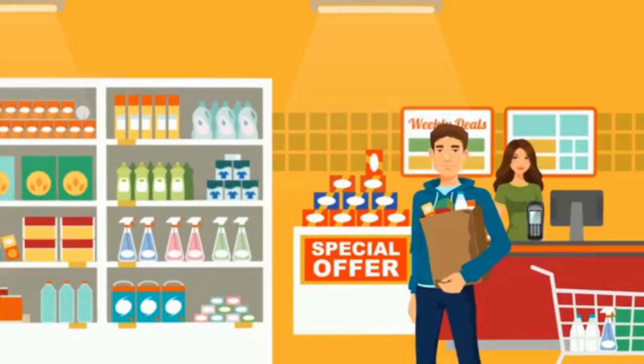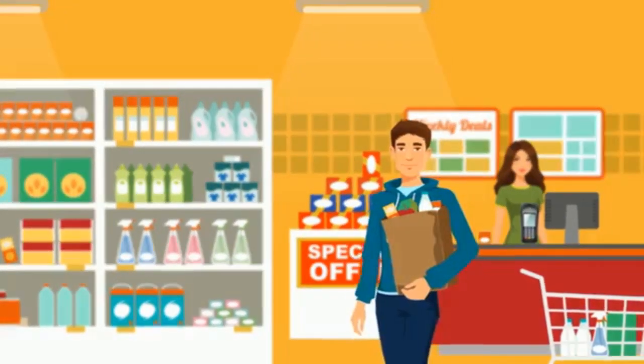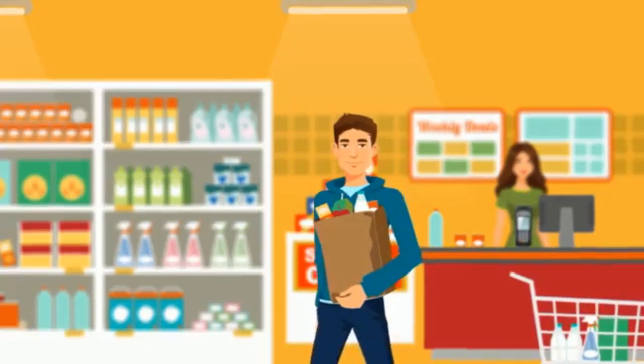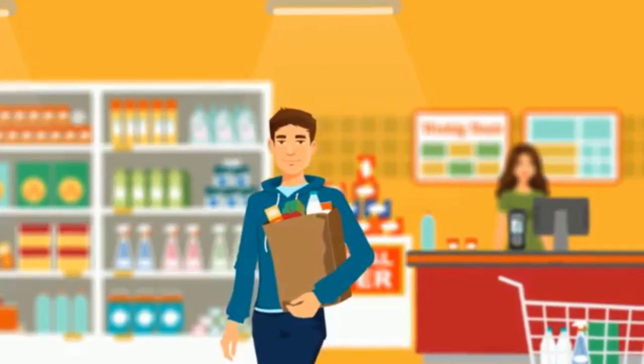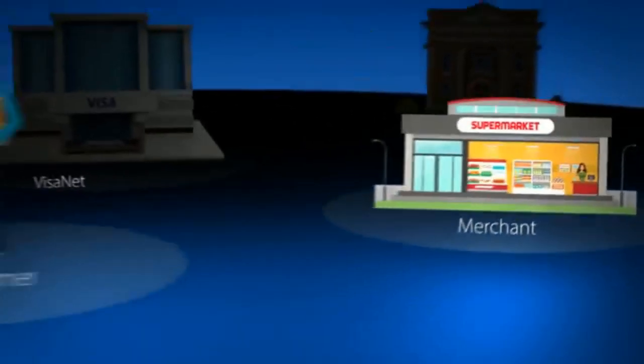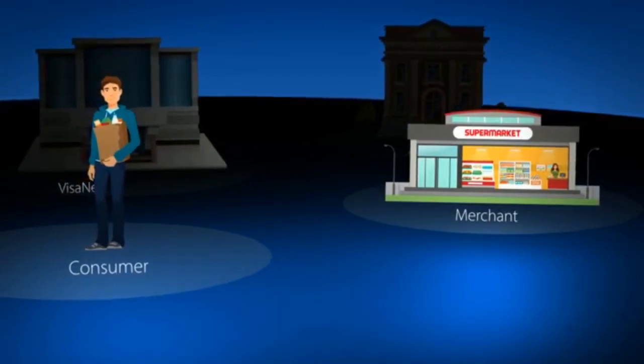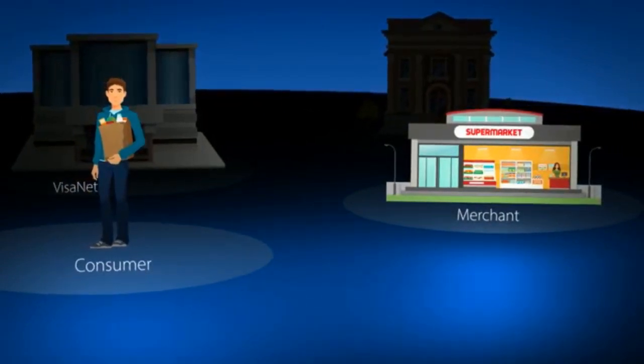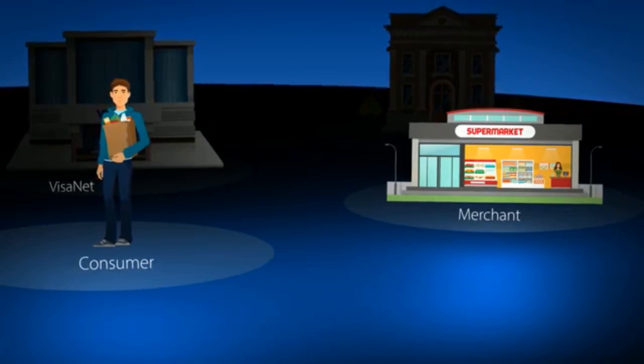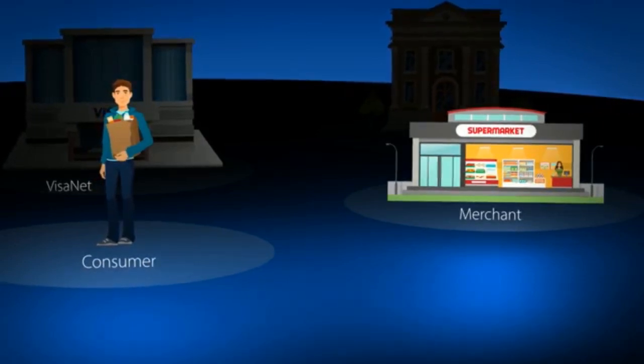The merchant can now let the consumer leave with the groceries because the issuer has approved the request and guarantees payment to the merchant for the value of the goods sold. This entire authorization process usually happens in just a matter of seconds. As far as the consumer and merchant are concerned, the transaction is now complete. The consumer has the groceries, and the merchant knows that the acquirer will pay them within the terms of their agreement.